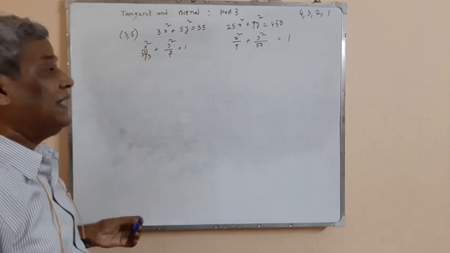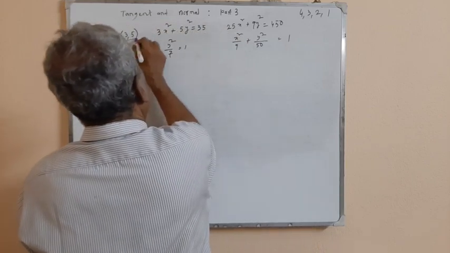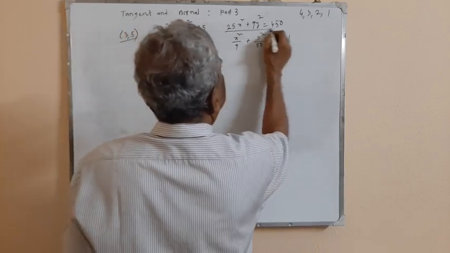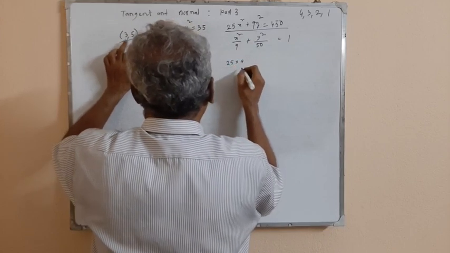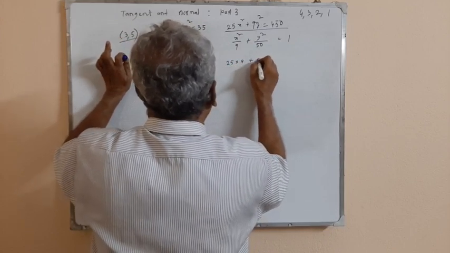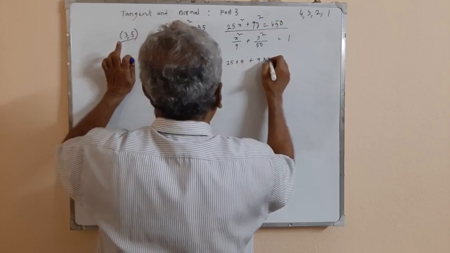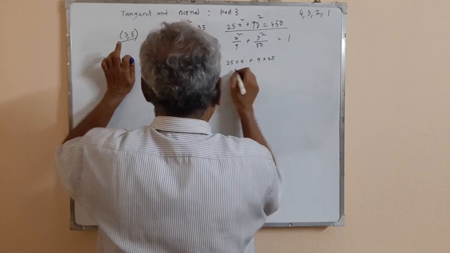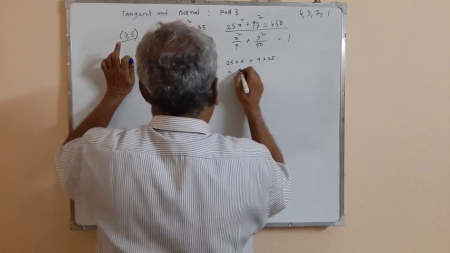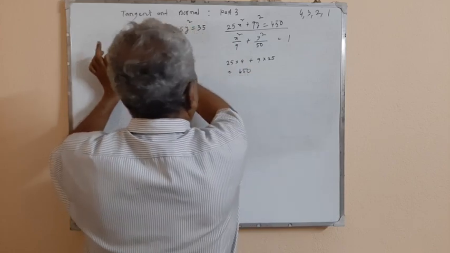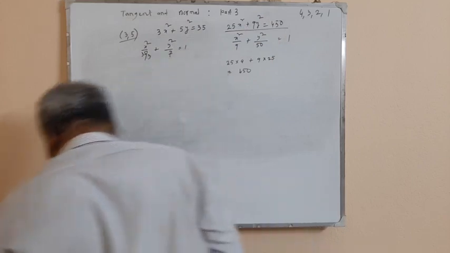So both are ellipses. And you see, this point lies on that one, because 25 into 9 plus 9 into 25 is 9 into 50, that is 450. This point satisfies that, so this point lies on that ellipse.